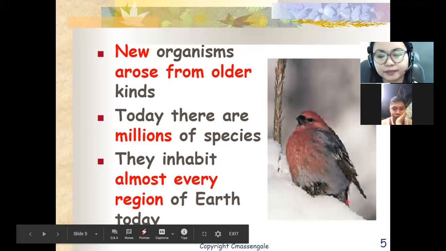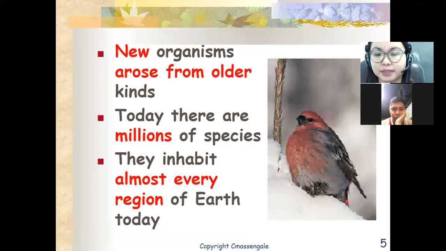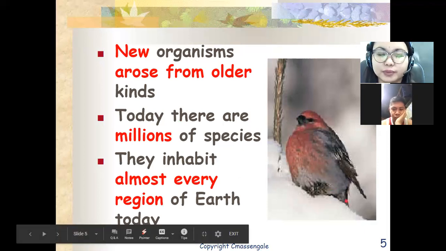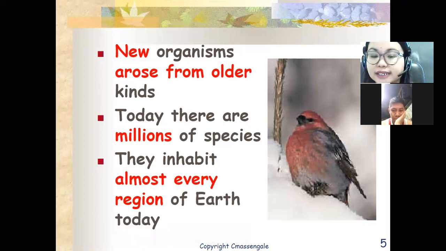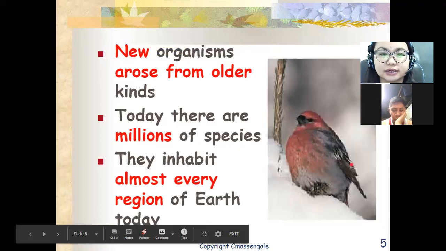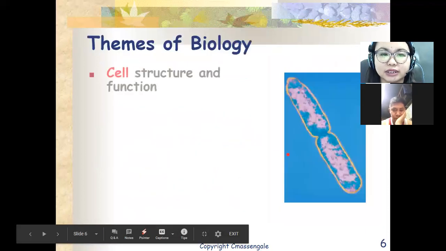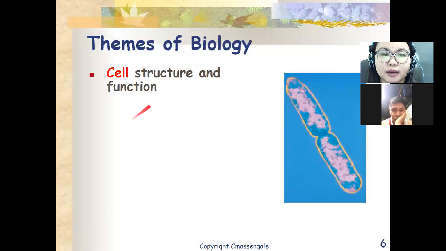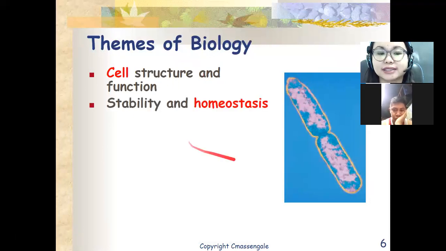Especially in our country, a tropical country like the Philippines, we are really rich in various floras and faunas, plants and animals. So the themes of biology: we are all made up of cells, each cell structure has its own function.